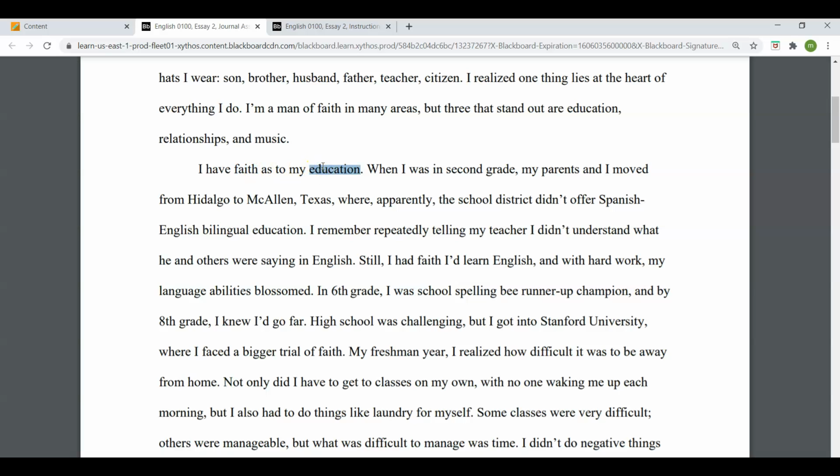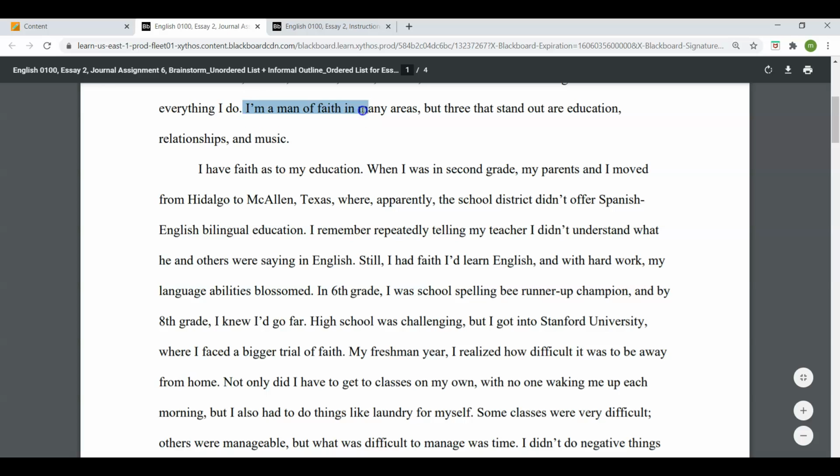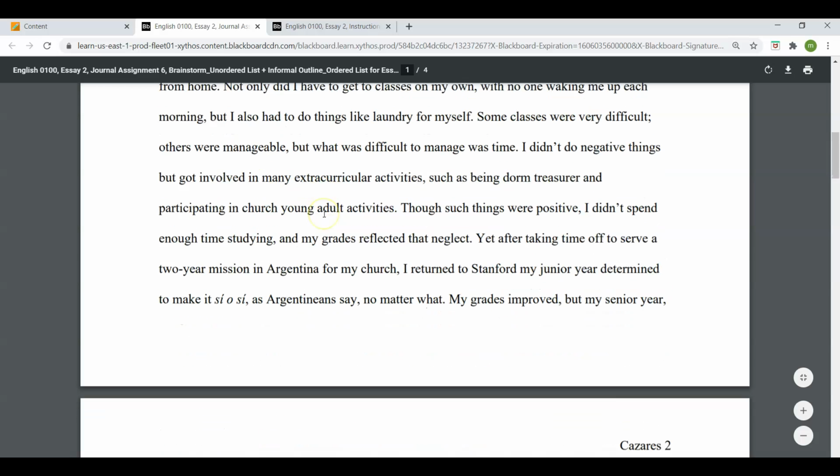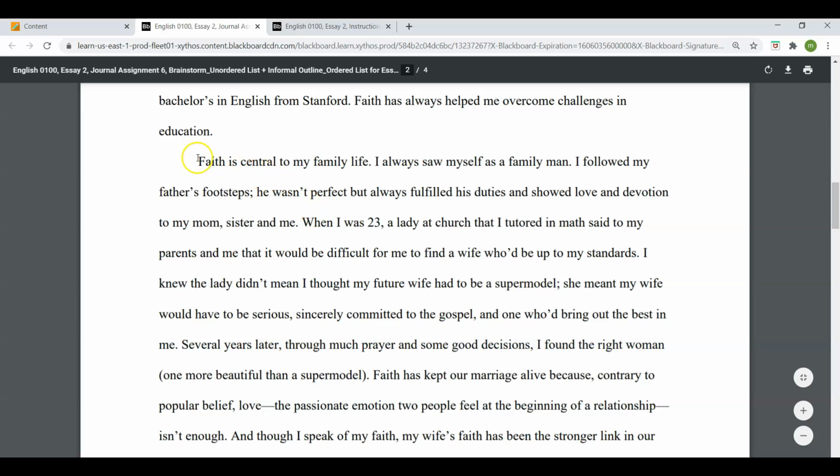Education, the things I do education-wise to show that I do things by faith. Notice the general topic, which is faith, that I'm a man of faith, is there, but also the subtopic is there that I'm using to prove that I have faith. Got it? Okay.